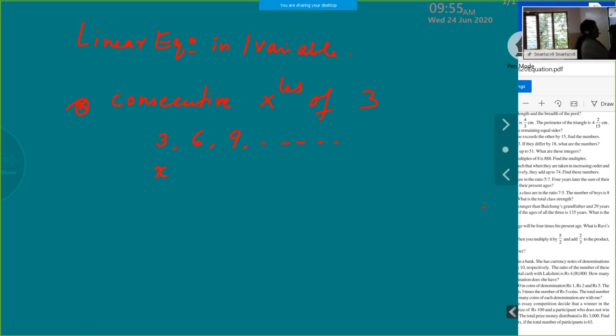So if we do not know the first number, x, then x plus 3, then x plus 6, etc. If I need the multiples of 5, how do we start? x, x plus 5, x plus 10, etc. The difference between the numbers will be the particular number. If I say multiples of 6, x, the next multiple will be x plus 6, the next one x plus 12, etc. I hope you understood.